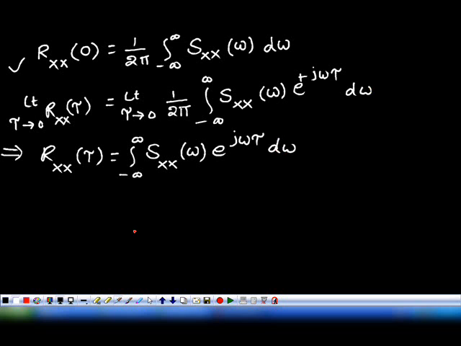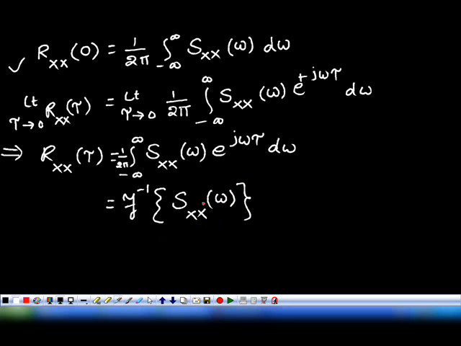Is it clear to you? 1 by 2 pi. This indicates the inverse Fourier transform of Sxx of omega.